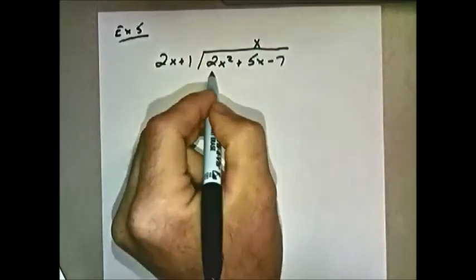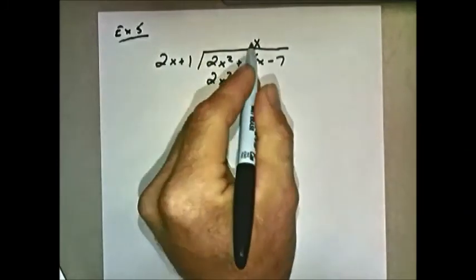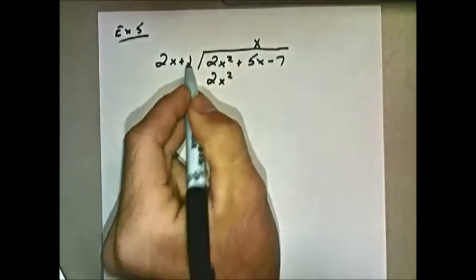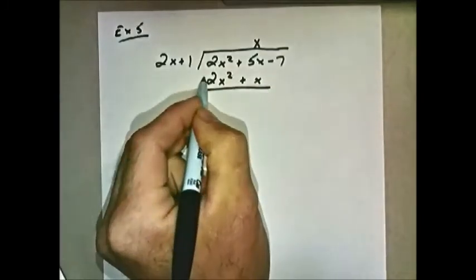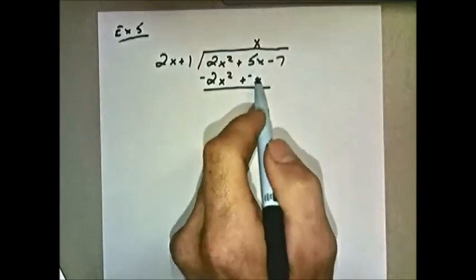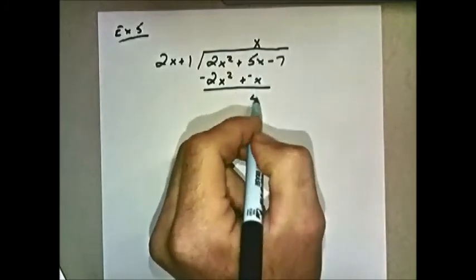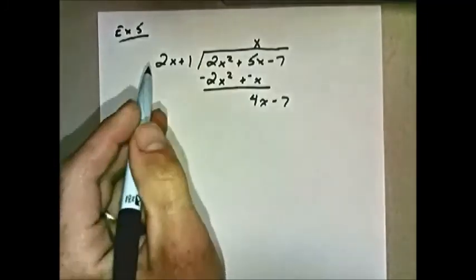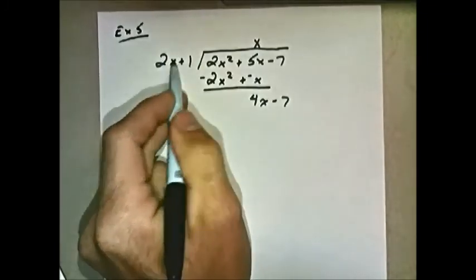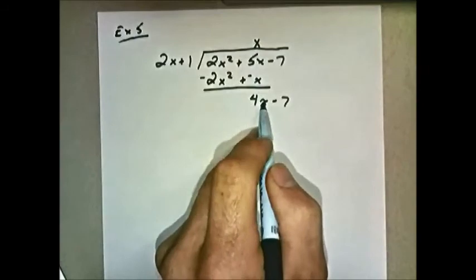X times 2x gives you 2x squared. And we'll multiply that x to the other term, 1, to get a positive x. Change the sign. We have 5x minus 4 minus x gives us 4x minus 7. Completing the process, 2x times what is 4x?